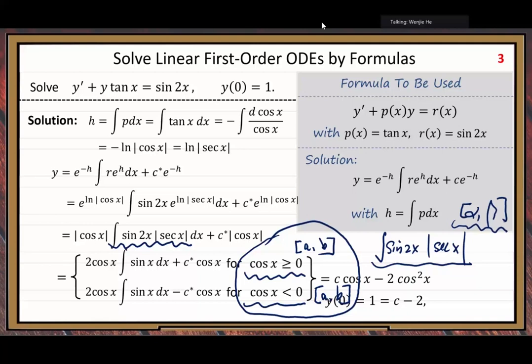The part of the interval of alpha beta where cosine of x is non-negative, you remove the absolute value and use the plus sign. Then in the remaining part of that alpha beta interval, where cosine of x is negative, you need to take the negative sign.